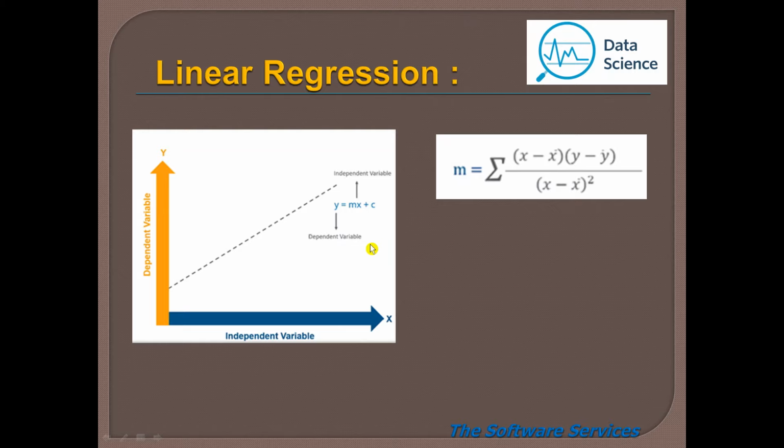Now come to the machine learning part. We want to predict the tip based on the total bill. So how will the model predict? First we need to train the model by giving the training set.